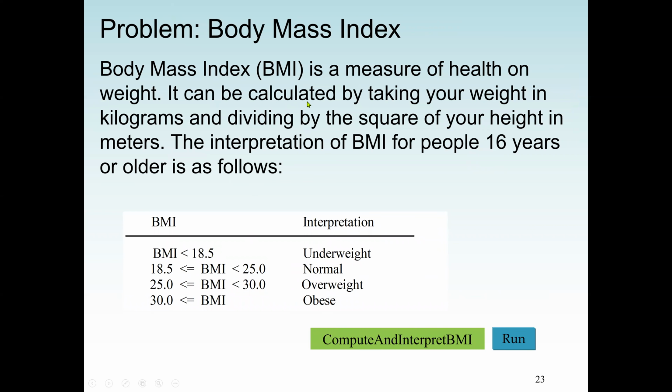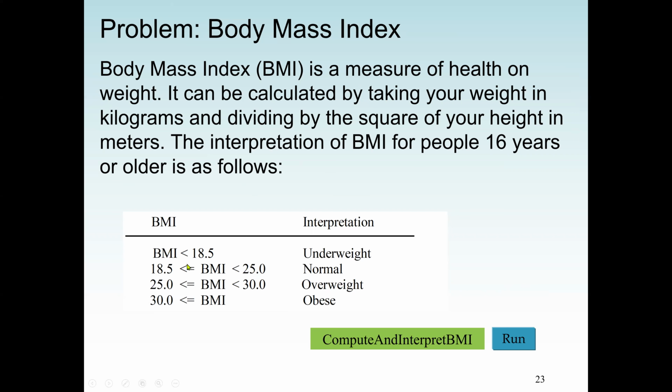So we have another program. This program is body mass index. So here we say the body mass index is a measure of the health on weight. It can be calculated by taking your weight in kilograms and dividing by the square of your height in meters. So the interpretation of BMI for people 16 years or older is as follows.